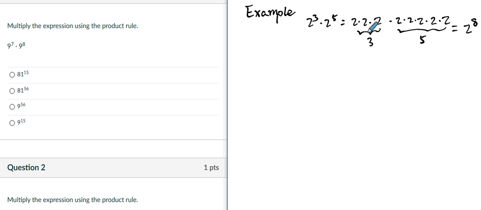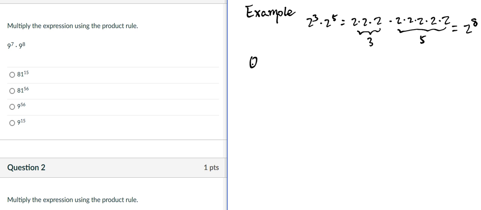So in total, we can see here 2 appears 8 times. So that's basically the exponent 8 comes from the sum of 3 plus 5.